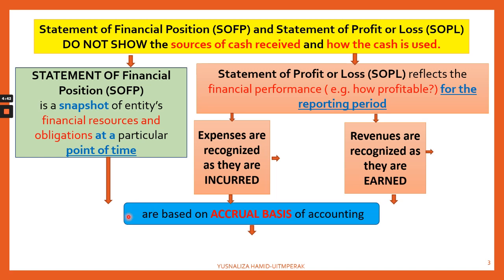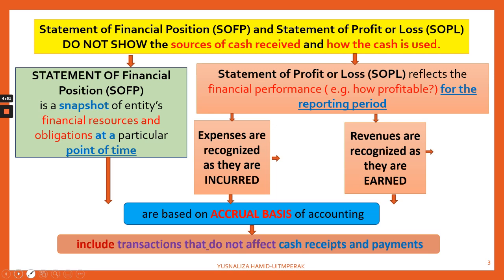Okay, so therefore, for that reason, it includes transactions that do not affect cash receipt and payment. So it is not just about having transactions which generate cash payment and cash receipt, but it also includes those transactions that do not bring in cash or do not utilize cash.